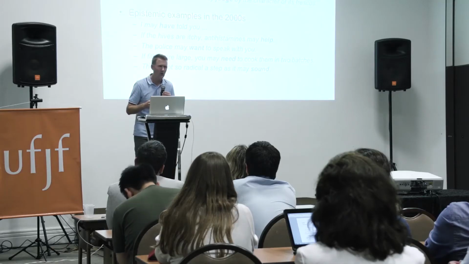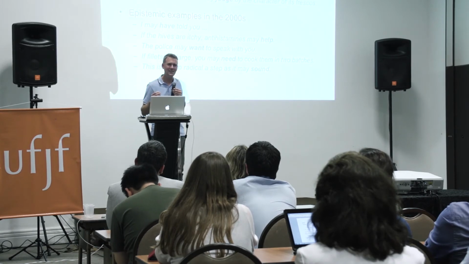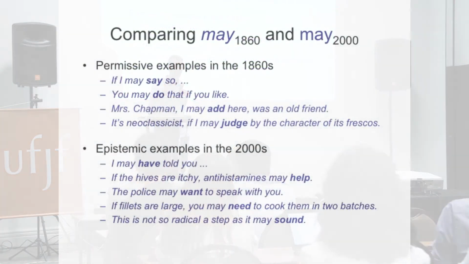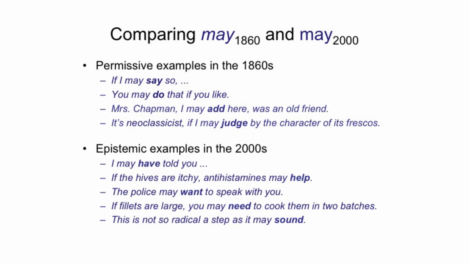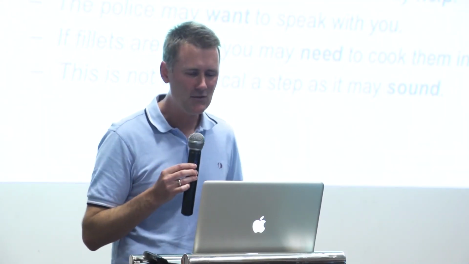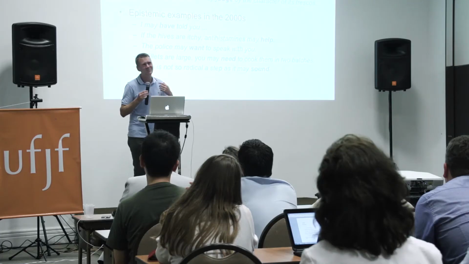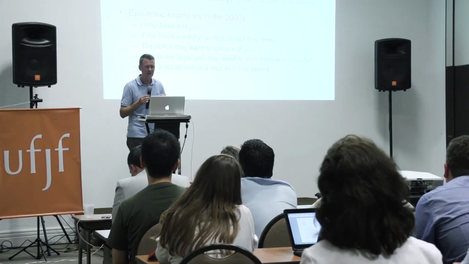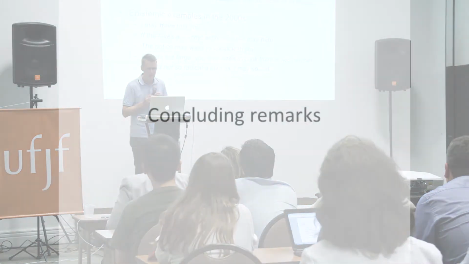All right, so what this tells us is that may has seen connectivity changes that reflect meaning changes that have been going on, so that the network of the English modal auxiliaries has been reconfiguring itself and has changed in the way connections are strengthened or weakened.